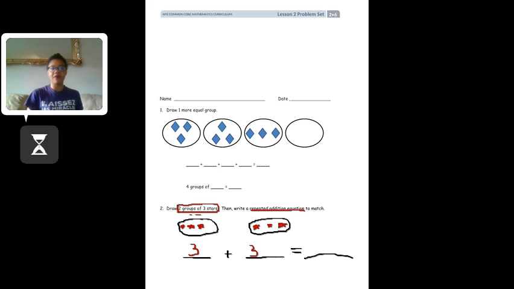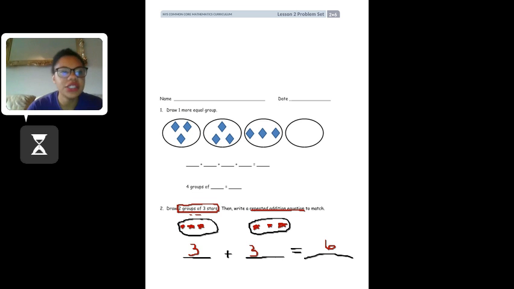How many stars do we have in all? We have 3 plus 3 equals 6. So now I know I have 1, 2, 3, 4, 5, 6 because 3 plus 3 is 6. 3 stars plus another 3 stars is 6 in all.